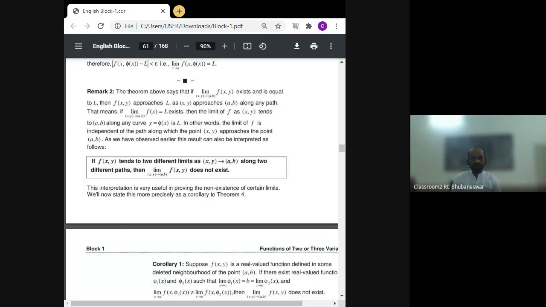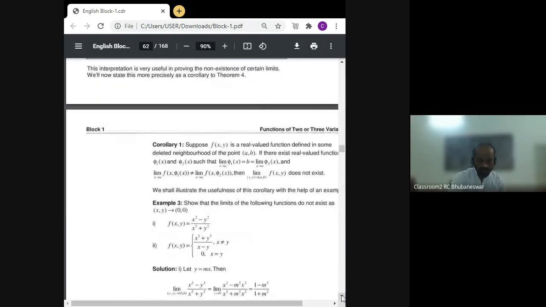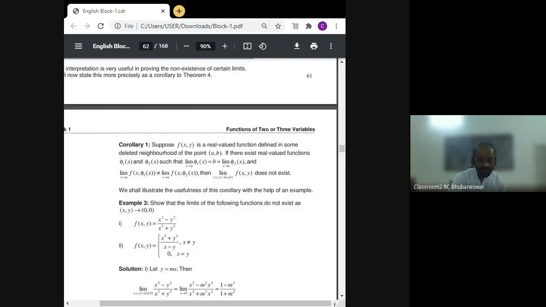But if we have more than one limiting value for different paths, then the limit does not exist. That is the main summary of this section, and let us look at the corollary.